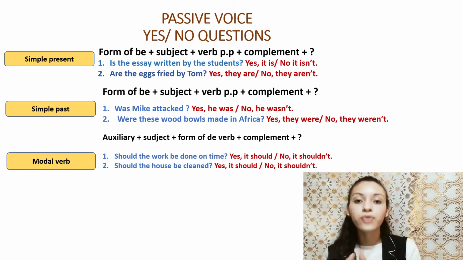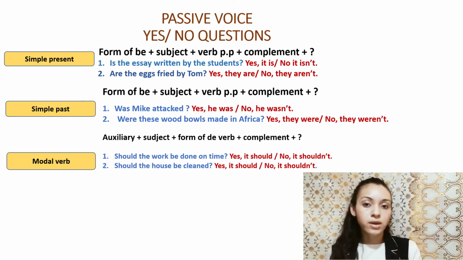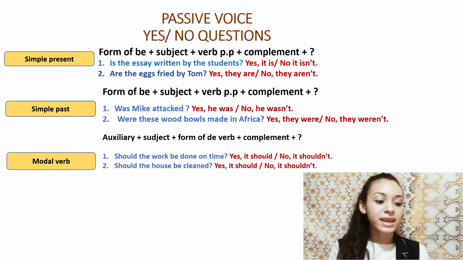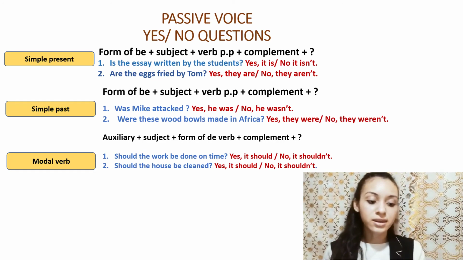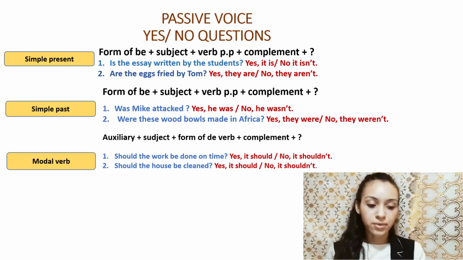And finally we have the structure for making yes/no questions with an auxiliary verb or a modal verb. The structure is auxiliary plus subject plus form of the verb to be plus complement plus question mark. And we have two examples.